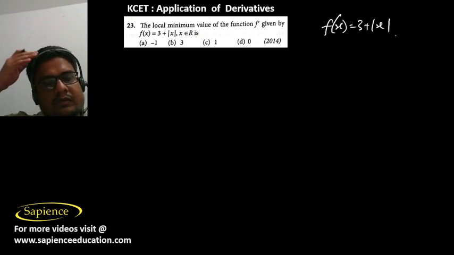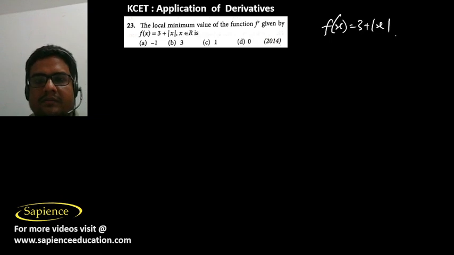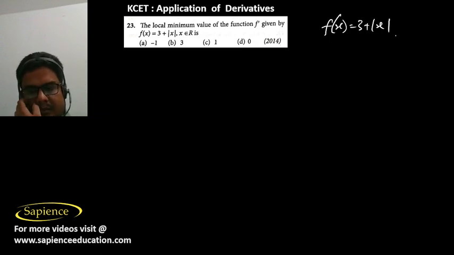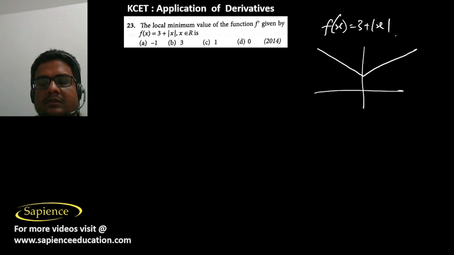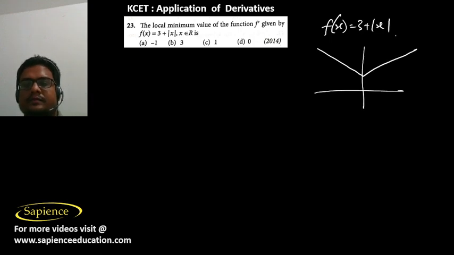The graph of 3 plus mod x is somewhat like a V shape.